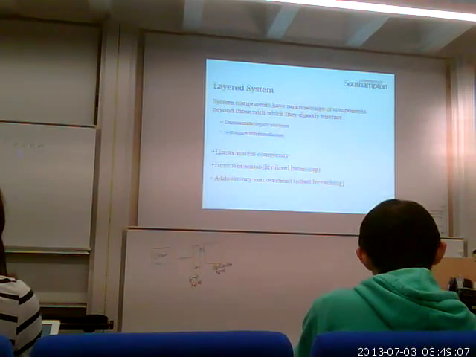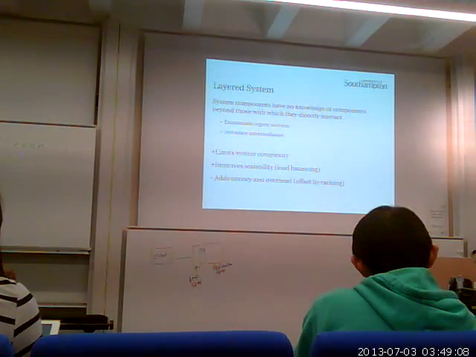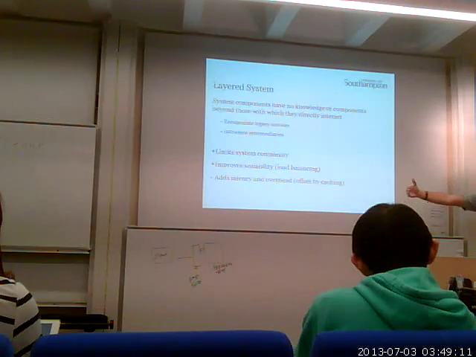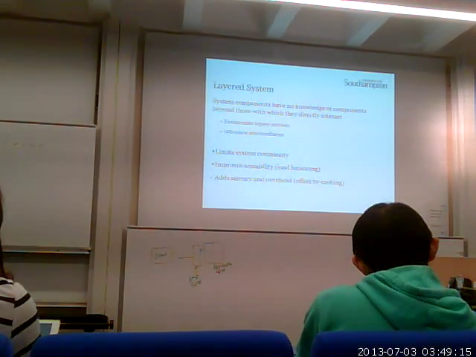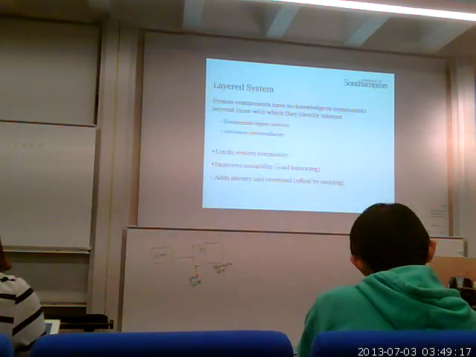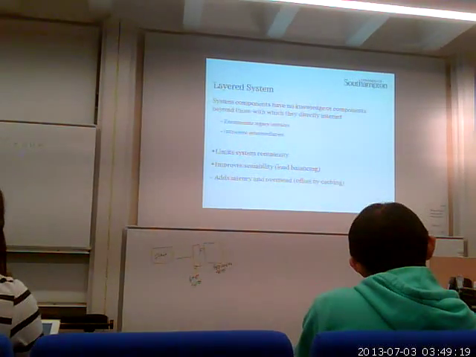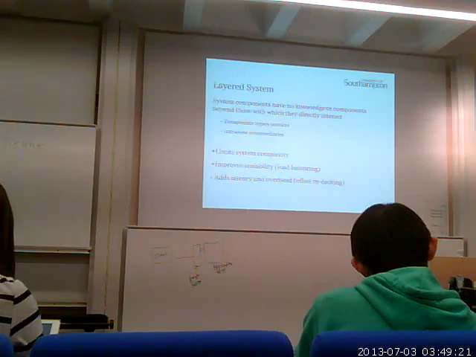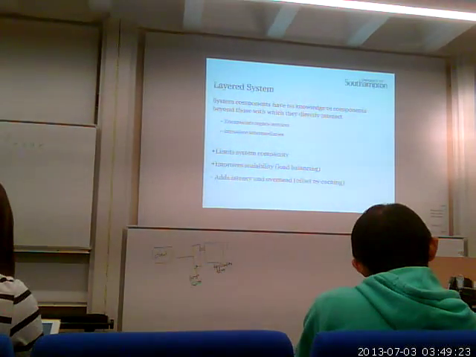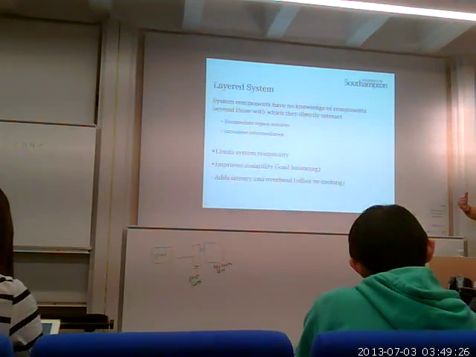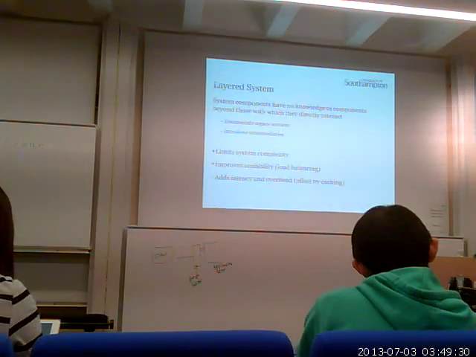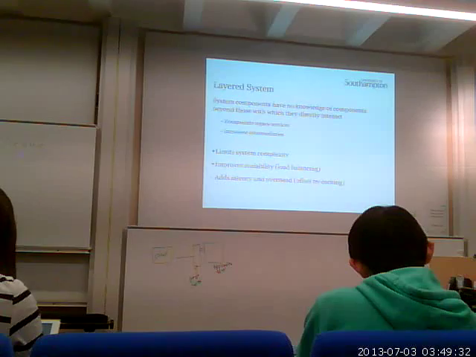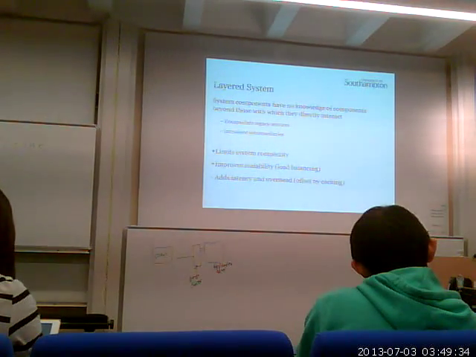So if we have a client that talks to a proxy server that talks to an HTTP server, the client doesn't need to know about the HTTP server, they just need to know about the thing they're connecting to, in this example the proxy server, and everything that goes on beyond that they don't need to know about.